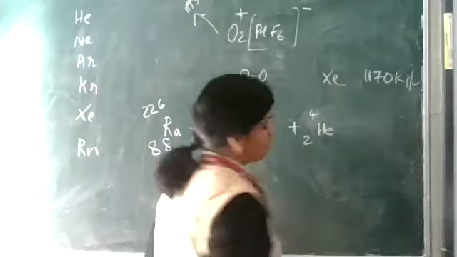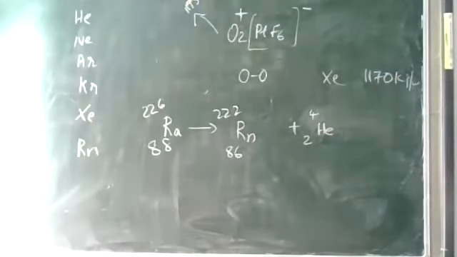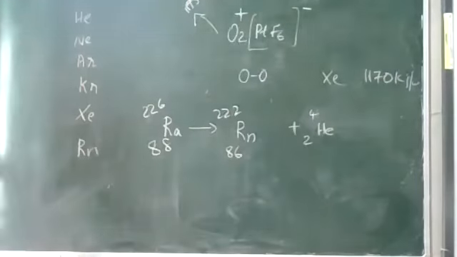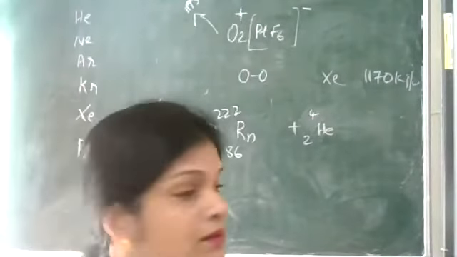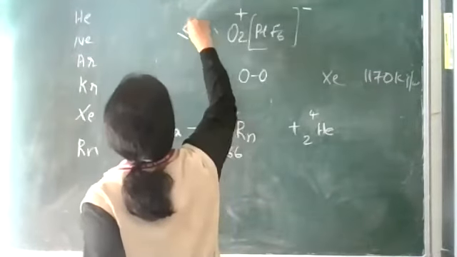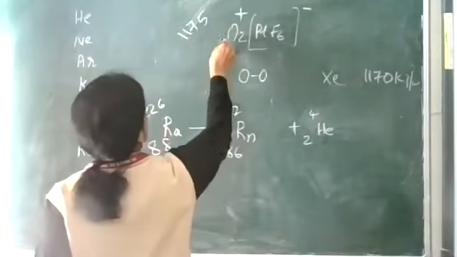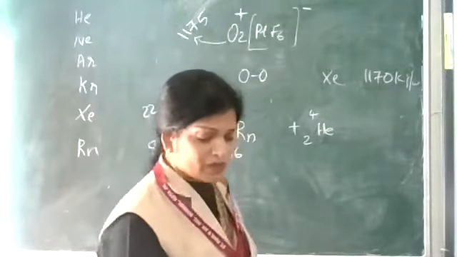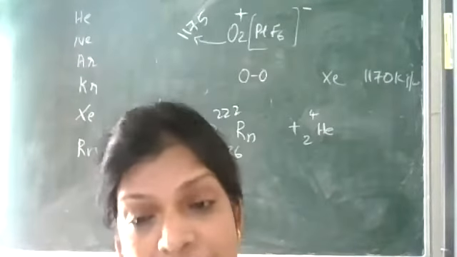So he thought, if molecular oxygen can make compounds like this, why not Xe? If molecular oxygen can make compounds like this, why can't Xe? And he was successful in making many compounds of Xe.